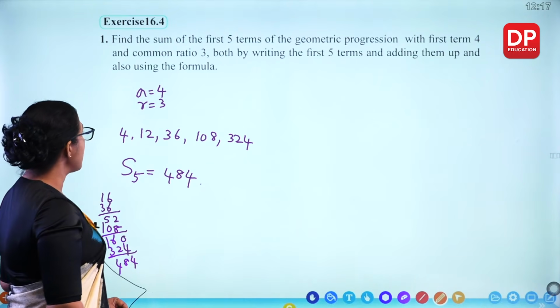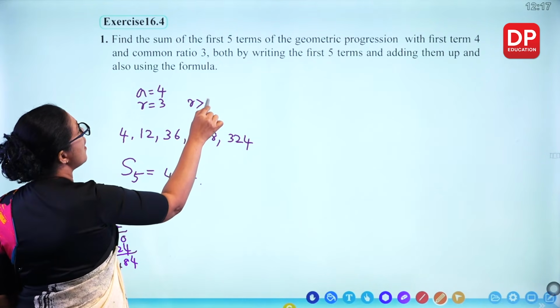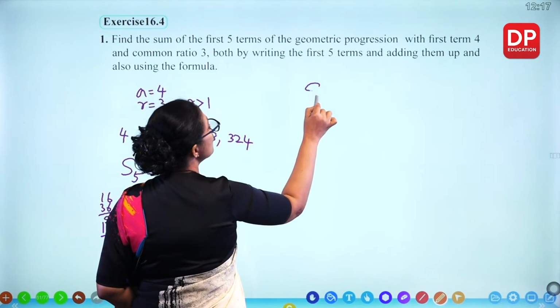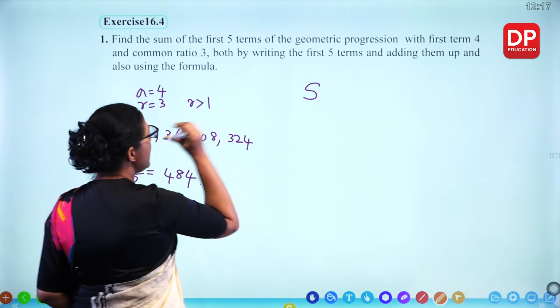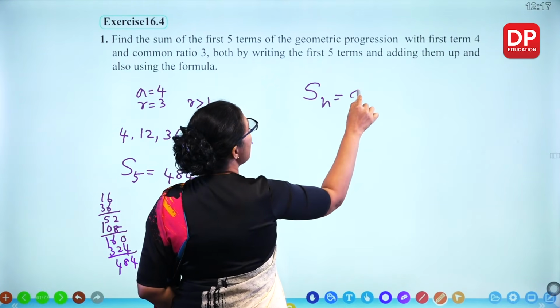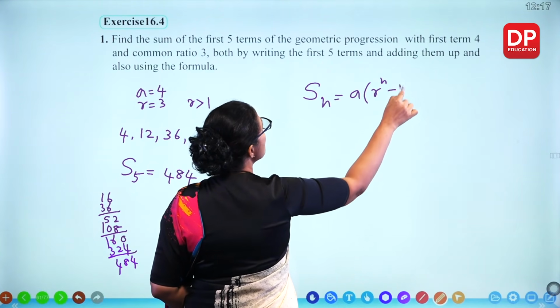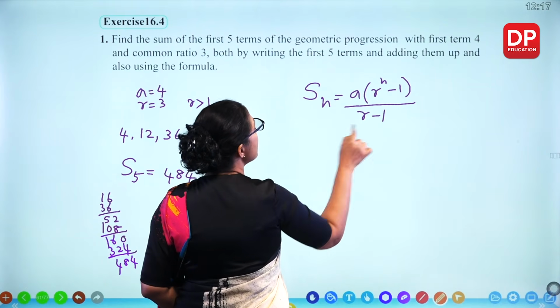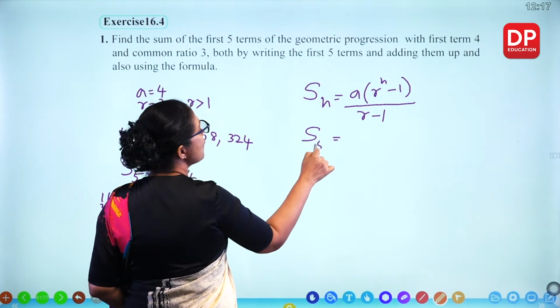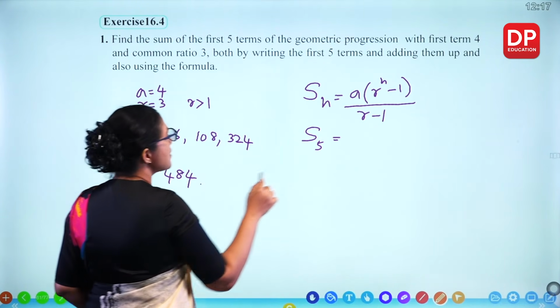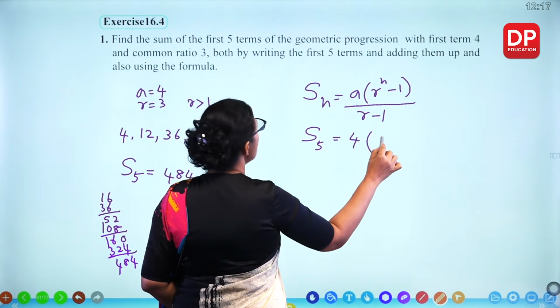Now we'll use the formula. r is greater than 1. So which one do we need to use? Sn equals a times r to the power n minus 1 over r minus 1. We need S5. What's the first term? 4.